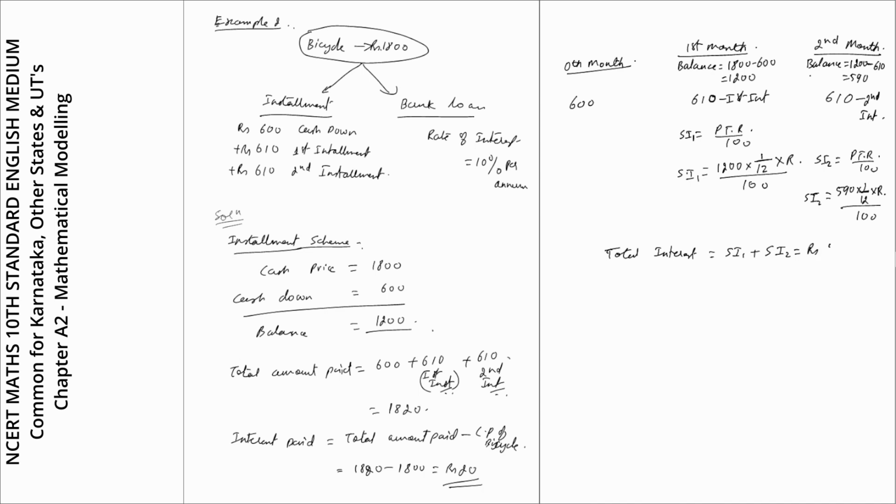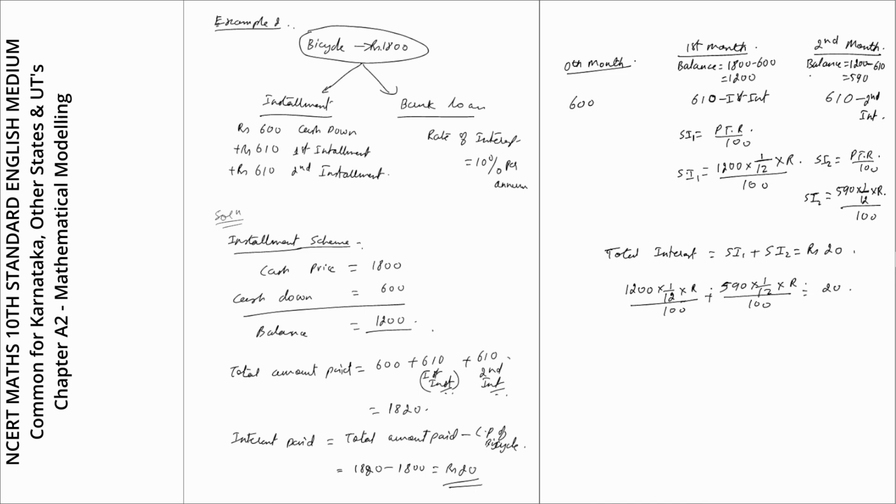So this is rupees 20. So now substitute the values of SI1 and SI2. SI1 is 1200 into 1 by 12 into R by 100 plus SI2 is 590 into 1 by 12 into R by 100 is equal to 20.